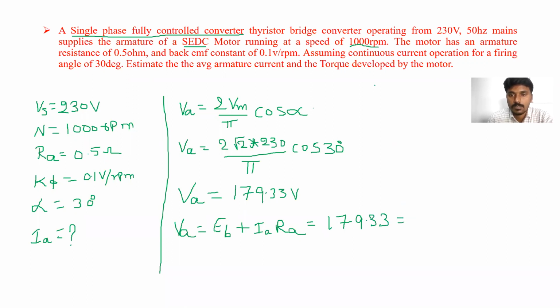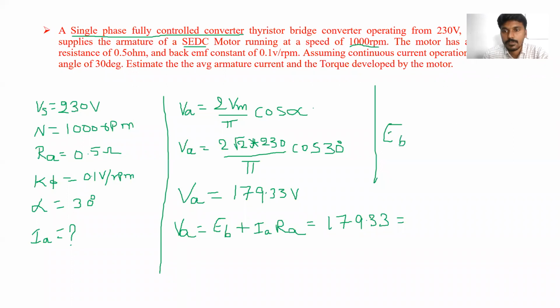We know the formula for back EMF: EB is equal to K into phi into N. Yes, sir, because he has given the speed and the K phi value also. So we can use this formula directly. K into phi into N.